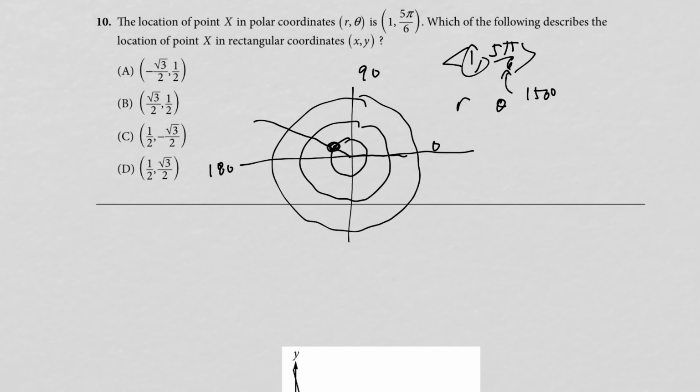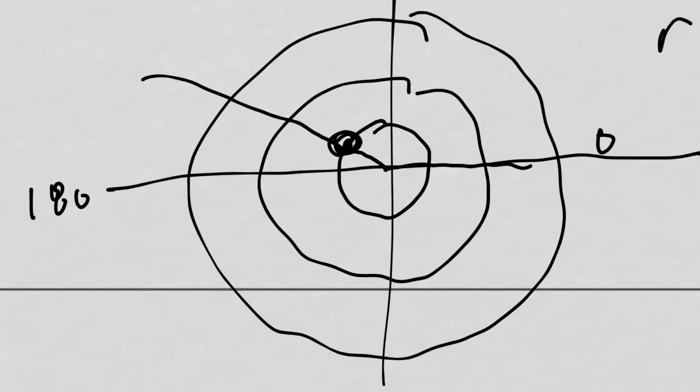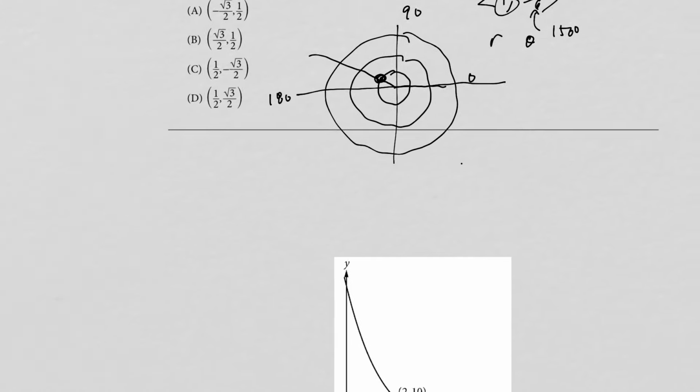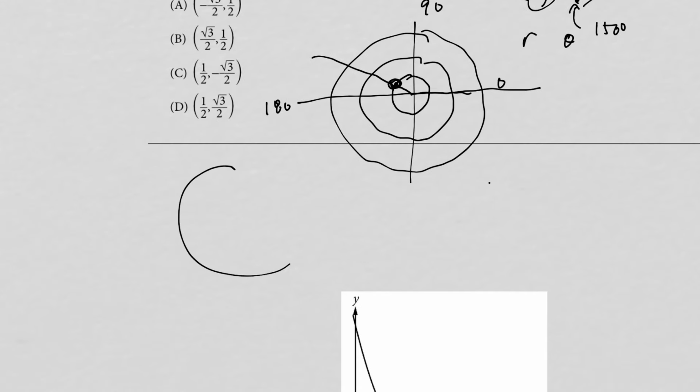And they want to know the location of x in rectangular coordinates. So I think that's as much as I could zoom in. Let me just draw another close-up of this. They basically want to know the coordinates of that point. There's a couple of ways to do this. One way is to know your 30-60-90 rules, because if this is 150, then in this right triangle, this here is 30 degrees.